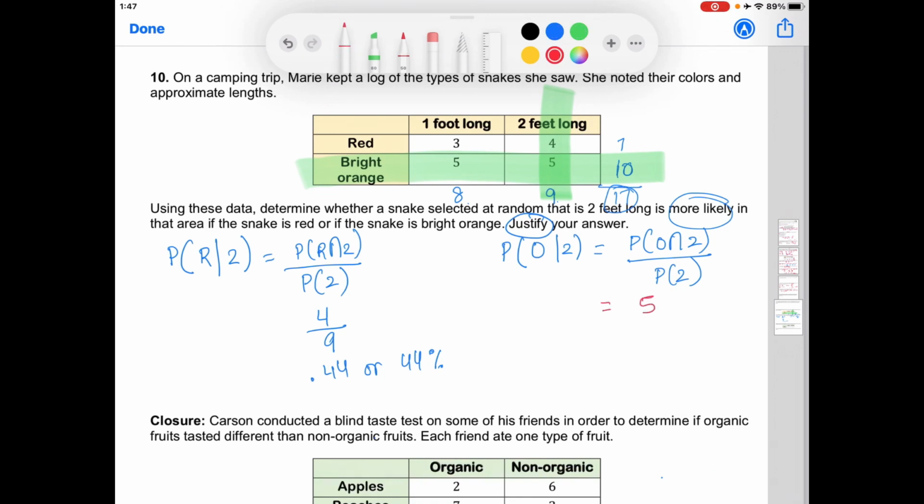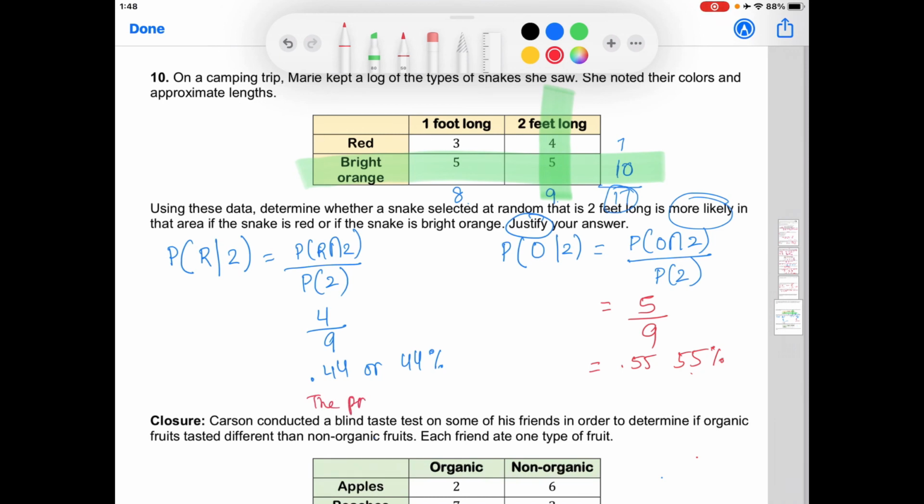So the numerator would be 5 and the denominator of course is going to be 9, which is the same thing as 0.55 or 55%. Yes, so which one is more likely? Which one is a higher percentage? 55%. So in the area, it is the probability of seeing a bright orange snake.